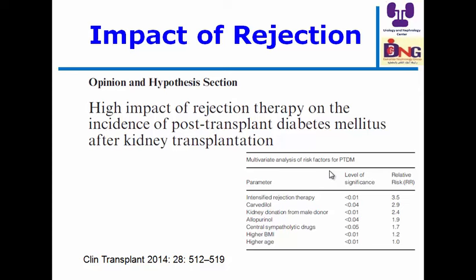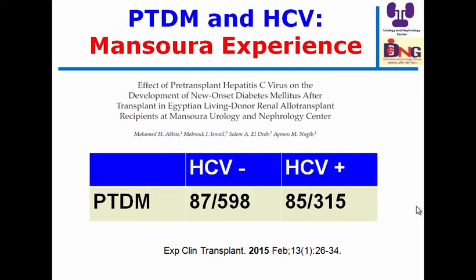This study shows in a multivariate analysis that intensified rejection therapy, carvedilol, kidney donation from a male donor, allopurinol use, central thymoglobulin lytic drugs, higher body mass index, and higher age are associated with increased risk of post-transplant diabetes, and you can look at the individual risk factor for each of these criteria. So intensified rejection therapy is associated with a 3.5-fold rise in the relative risk of post-transplant diabetes.